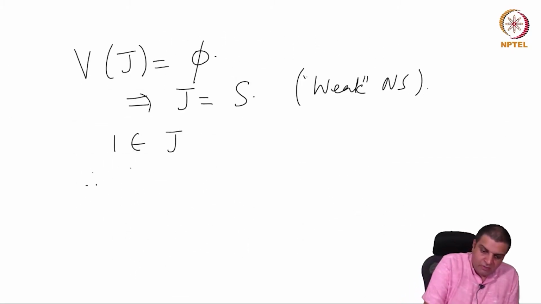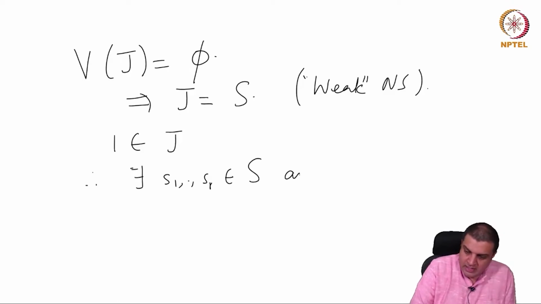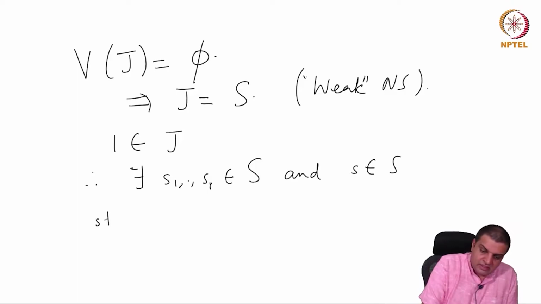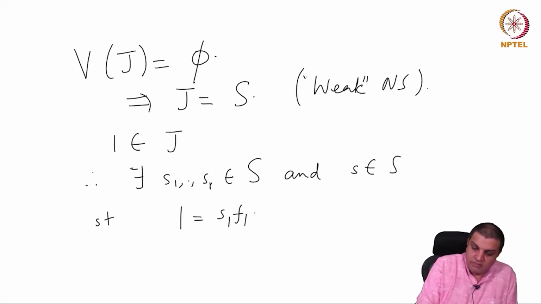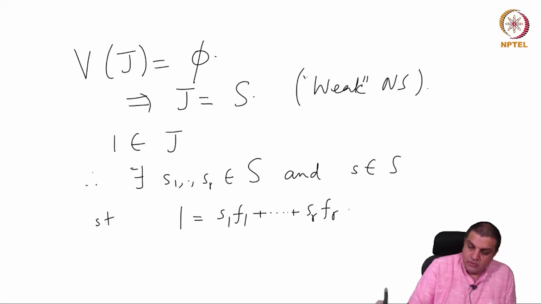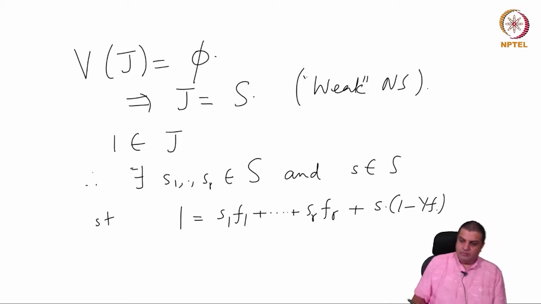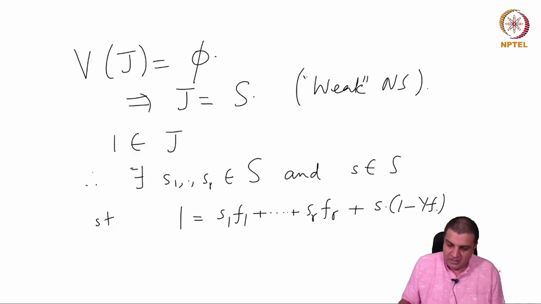Therefore, there exist S1 through Sr inside S and some S inside S such that 1 equals S1 F1 plus ... plus Sr Fr plus S times (1 minus yf). That's just saying 1 is in the ideal generated by F1 through Fr and 1 minus yf. The coefficients have to come from S.